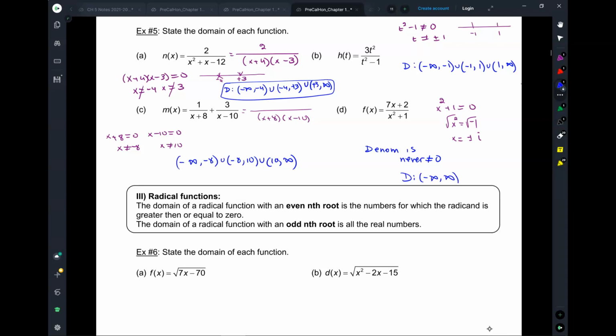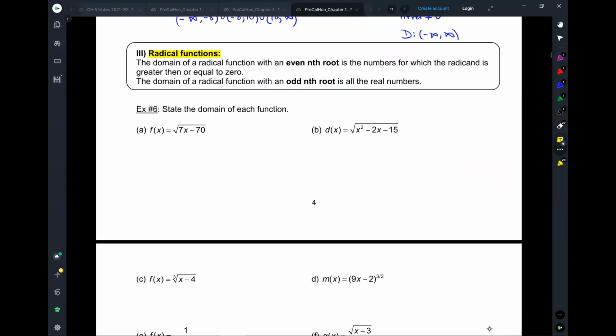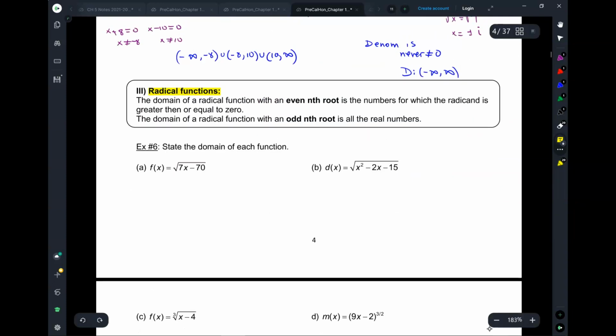All right, so we did polynomial functions and rational functions. Next, radical functions. We can have two types of radicals, either even or odd roots. An even root is like the square root of x or the 4th root of x, and so on.